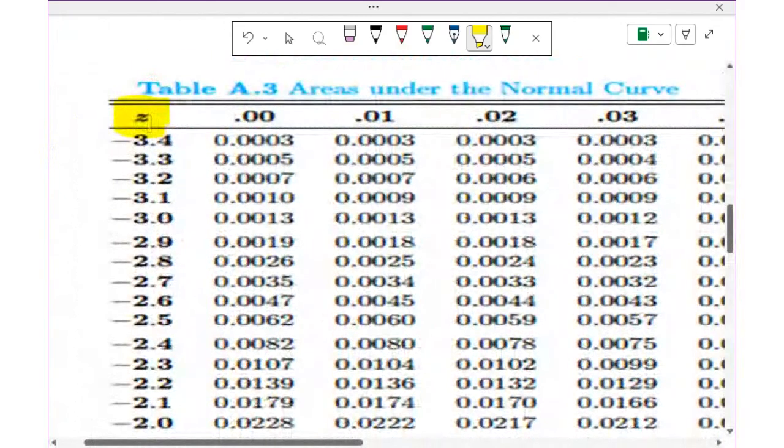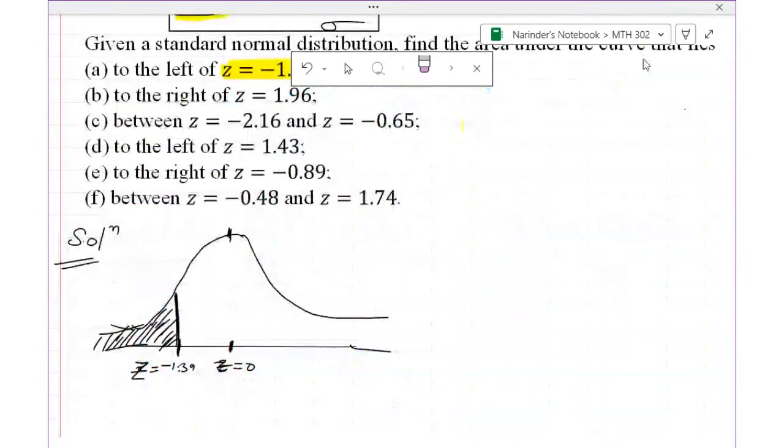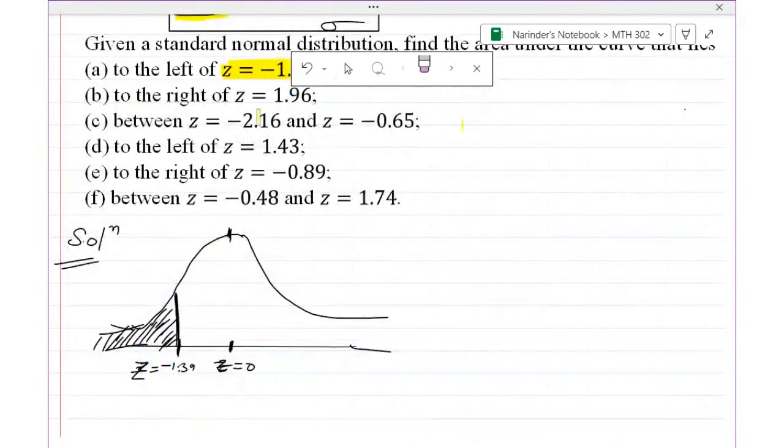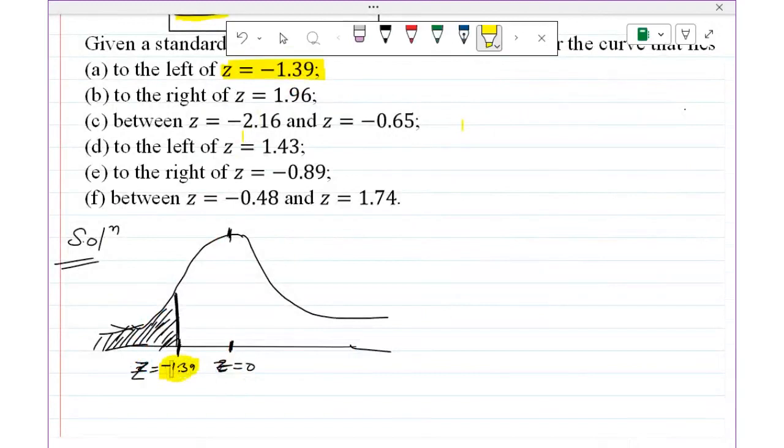Now can somebody put in the comments what was the point, if you have noted it down? Which point was there in the first part? Let me go to that directly if you have not noted. The point was z is equal to minus 1.39.